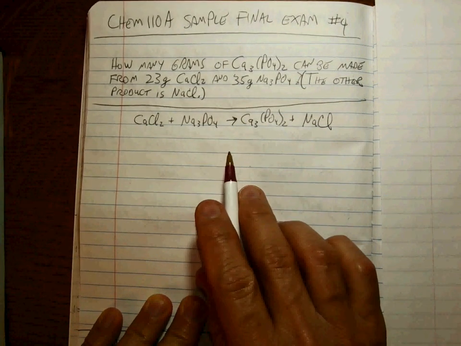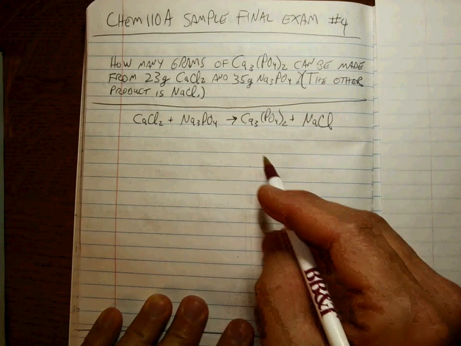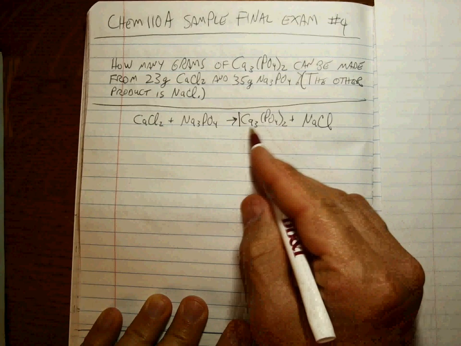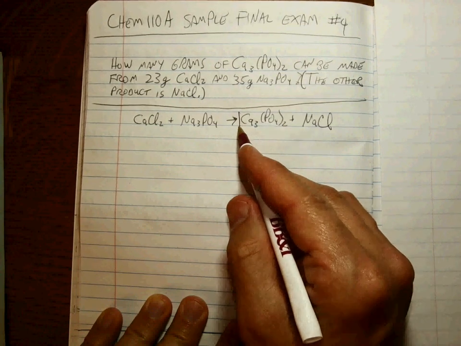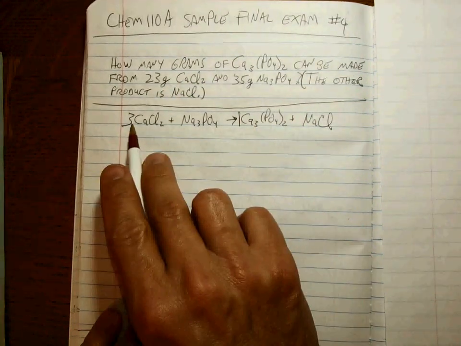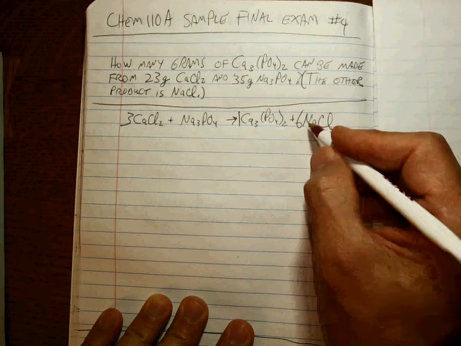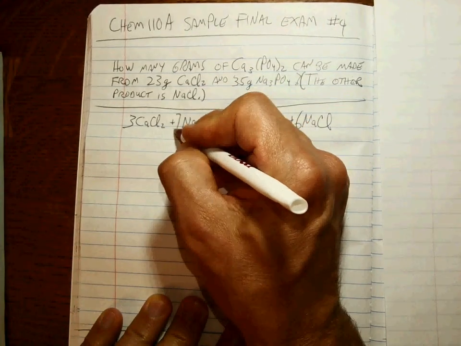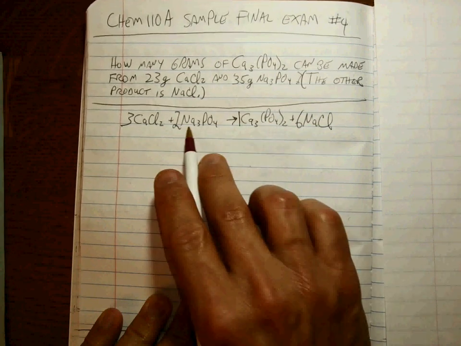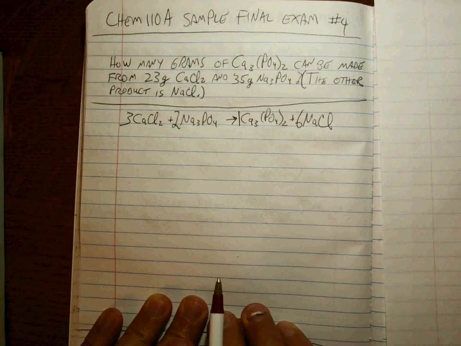You also have to recognize that this isn't balanced, and the way to balance it is to decide that calcium phosphate is the most complicated molecule, so we'll assign it a value of 1, which means you need 3 calciums, which means you need 6 chlorines, which means you need 2 sodium phosphates, and the 2 phosphates balance as well, so now that's the balanced equation.